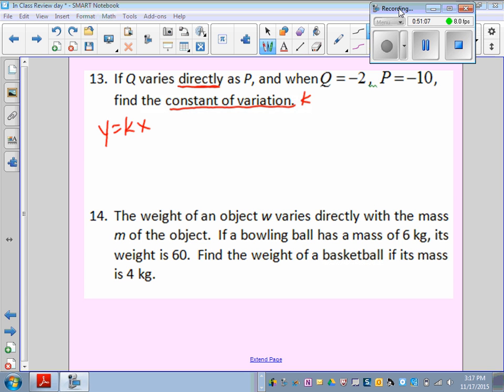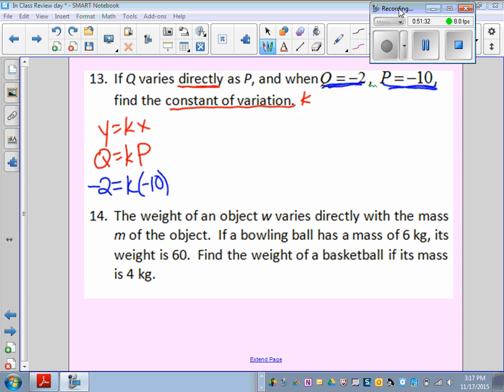So Q varies directly as P, so Q equals K times P. Same type of equation, just different letters. When Q is -2, I take -2 and put it in for Q, and P is -10, so I take -10 and put that in for P. So -2 equals K times -10.